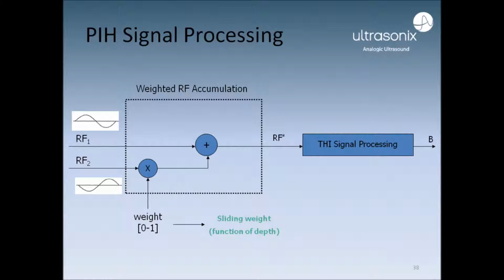The resulting RF data is then passed through the same pipeline as THI to determine the second harmonic and generate the harmonic image. Note that harmonic images are usually based on weaker signals and have a lower signal-to-noise ratio than conventional B-mode images. Therefore, we always mix the harmonic images with conventional images to get the desired image quality.